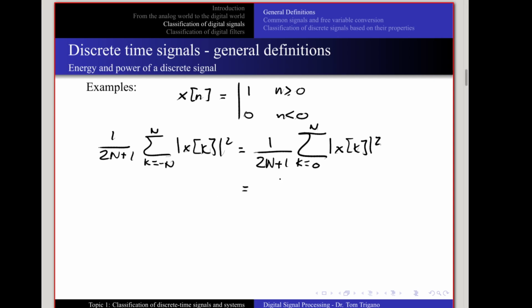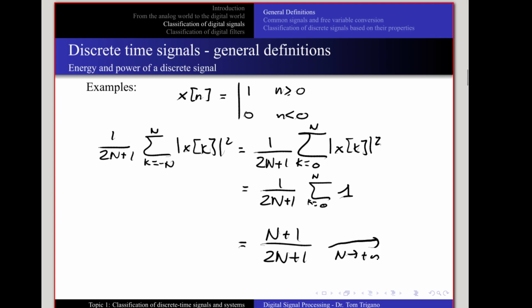Because all of the terms are equal to 1, you have a sum from 0 to N of 1, so you have N+1 terms divided by 2N+1, and you can use any calculus rule you want for that, but it tends to 1/2 as N tends to infinity. So the step function, as in analog systems, has finite power.